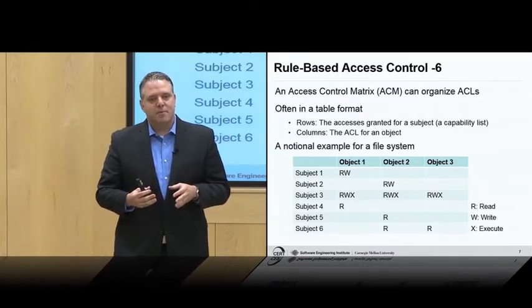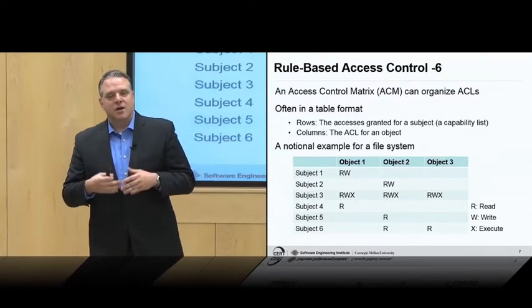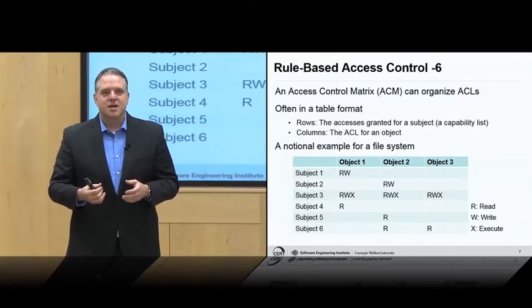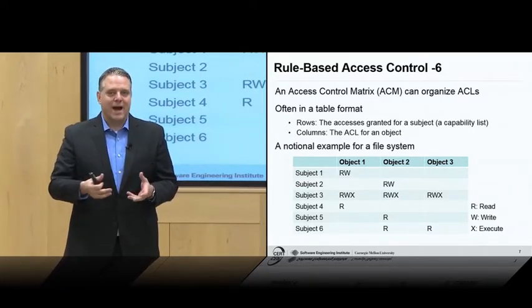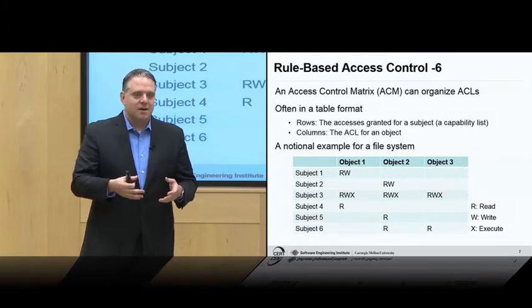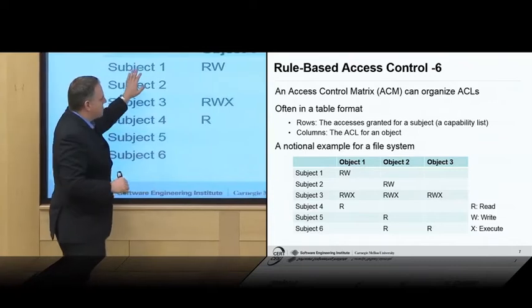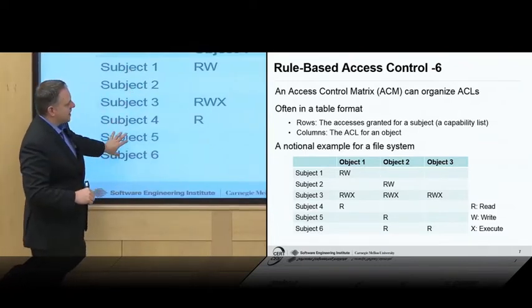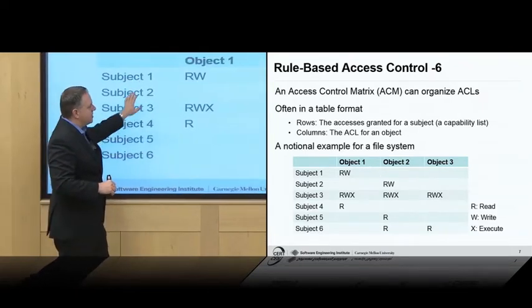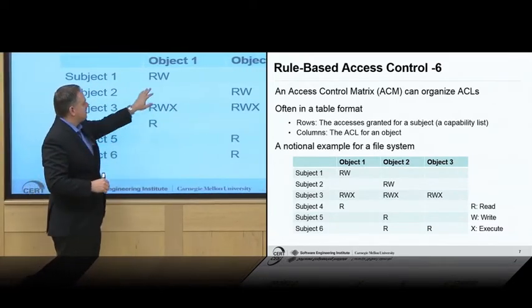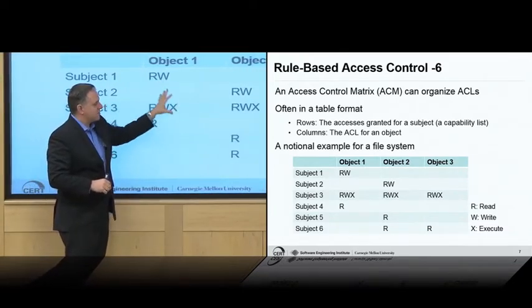An access control matrix is a good way to visualize the rules in a rule-based access control system, but they're really terrible for actually implementing these rules. So you can do it, and in this case you have subjects here in the column on the left. You have objects, the things that they're allowed to do stuff to, and in the middle, in the matrix itself, you have the permission levels.